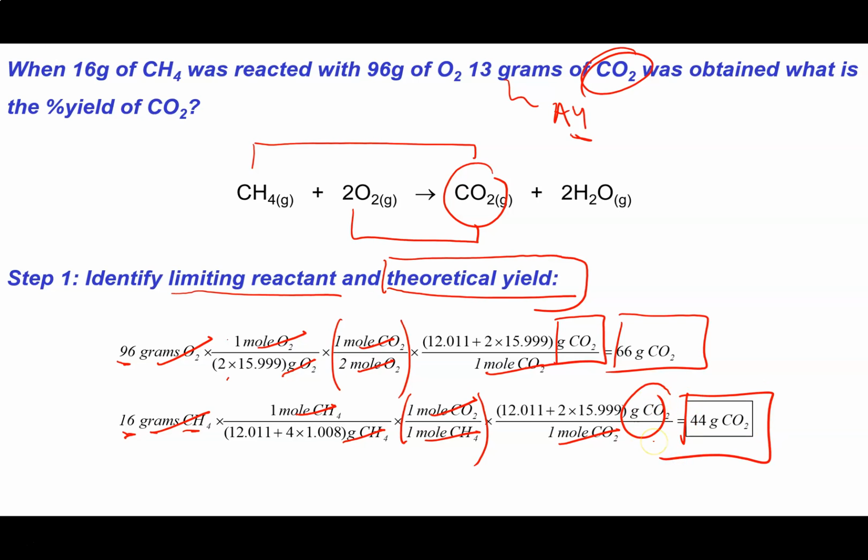So I can see that my methane is my limiting reactant, and my theoretical yield is 44 grams of CO2, because that is the maximum amount I can produce. Once I've made that amount of CO2, all of my methane is gone.